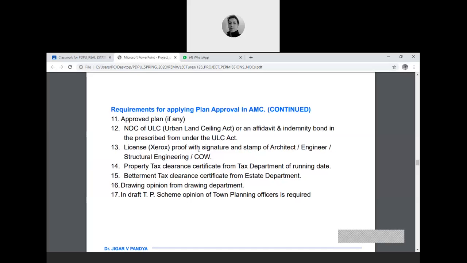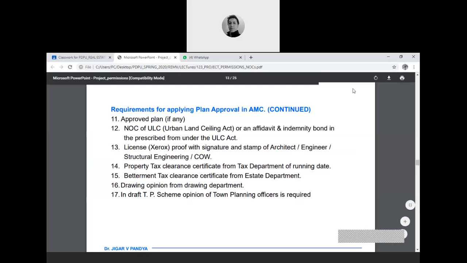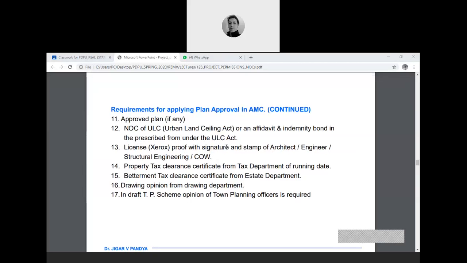Then you need the license, the proof with signature and the stamp of the architect, engineer, structural engineer, and clerk of work. One thing that you have to be sure of is that whenever you're registering for a project, you need four people, and these four people should be licensed.